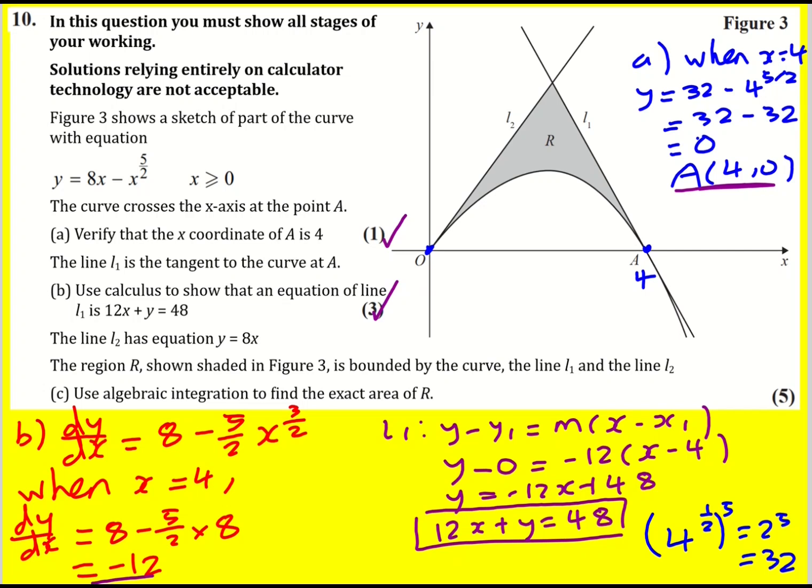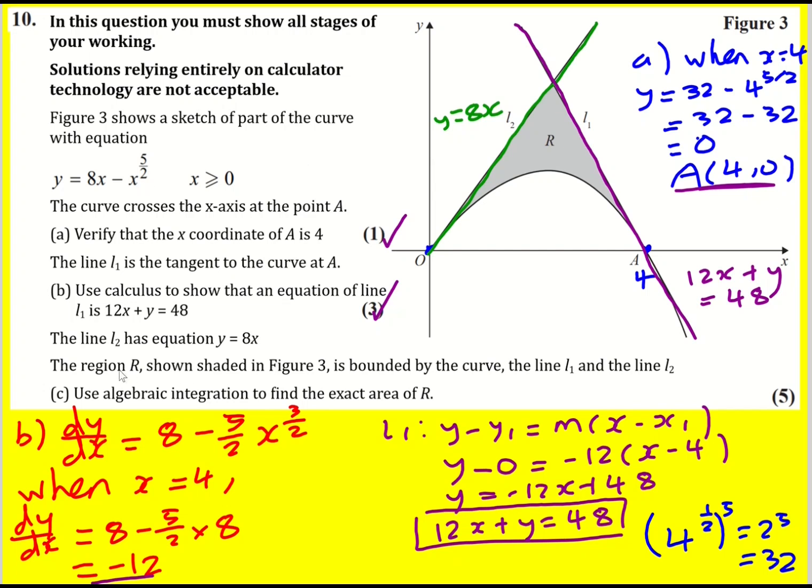They've done that bit for us. So y equals 8x is this green part. And this purple part is what we just found there: 12x plus y equals 48, or y equals minus 12x plus 48.